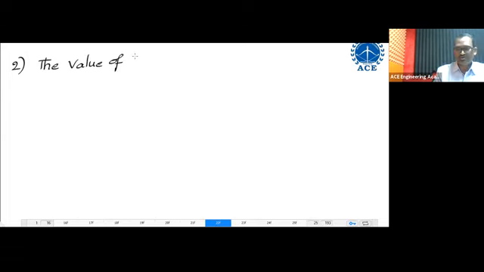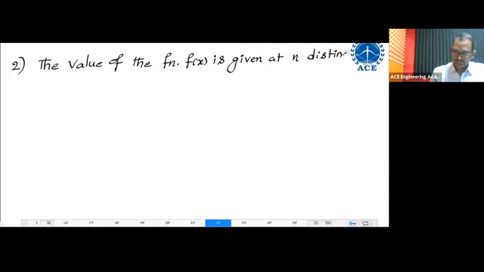The value of the function f of x is given at n distinct, means n different values of x.